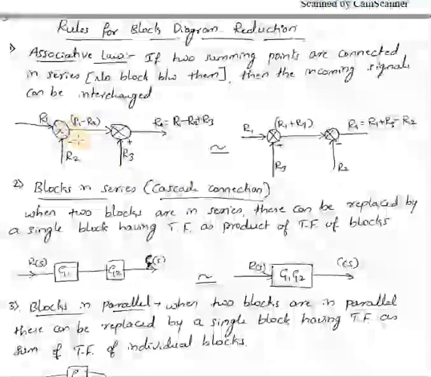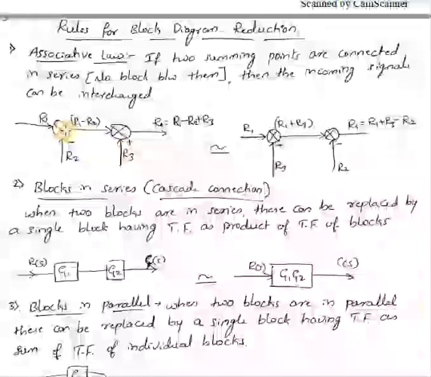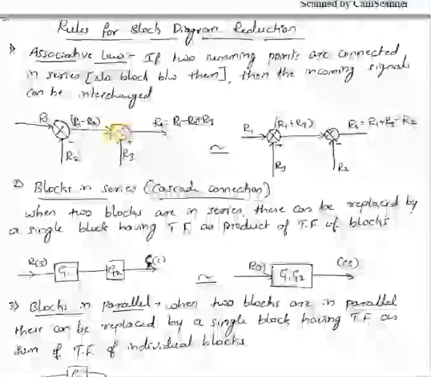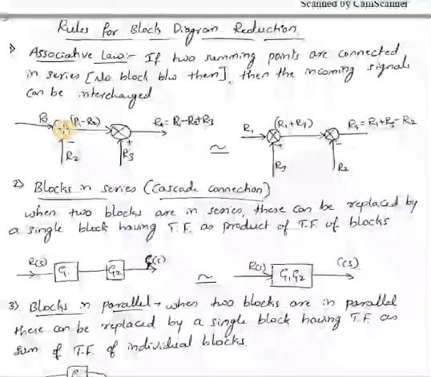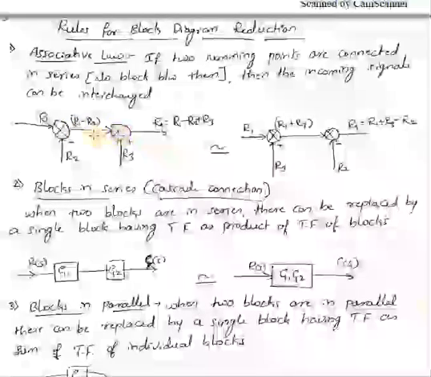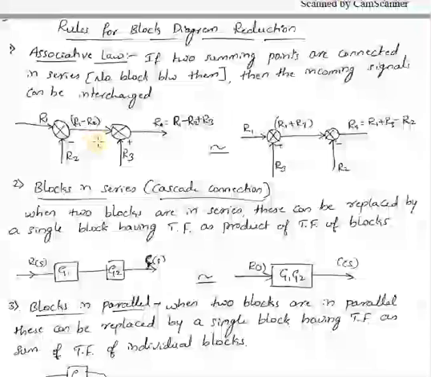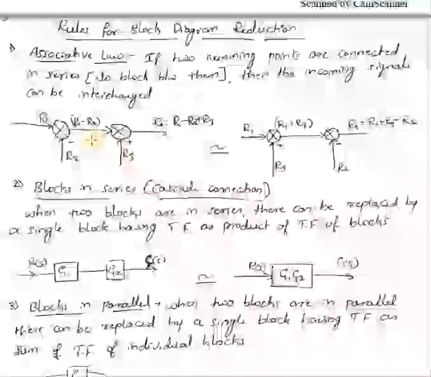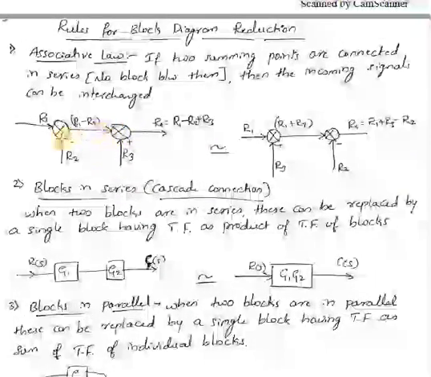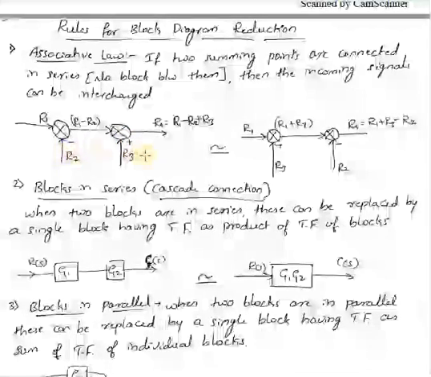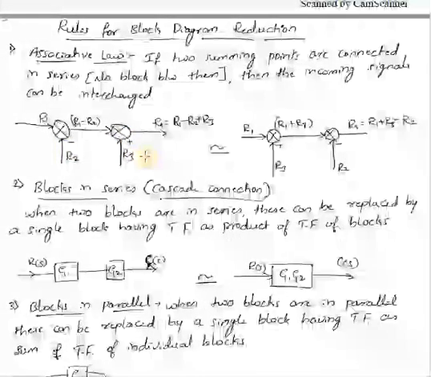So this is the initial condition. These are the summing points. If they are connected in series, that is, there is no block between them and no takeoff between them, then if you interchange the signals of these two summing points, your output remains the same.